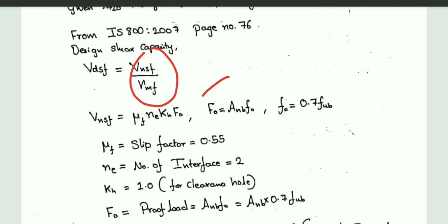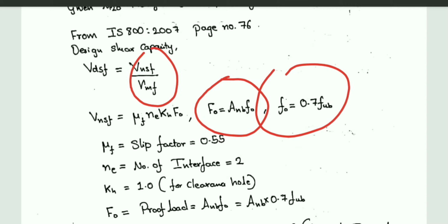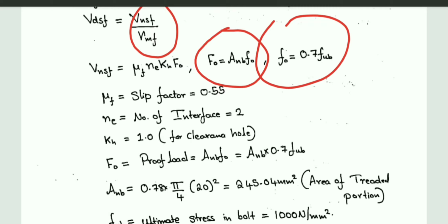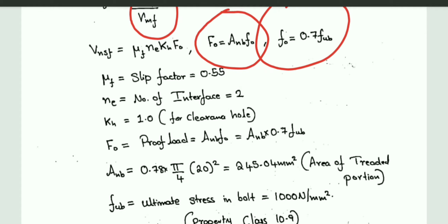So F naught will be equal to An into small f naught, and small f naught, that is proof stress, is 0.7 into FUB. FUB is the ultimate stress of bolt, that is 1000 Newton per mm square. This also you will get from the code book itself, from the table, I think page number 13.